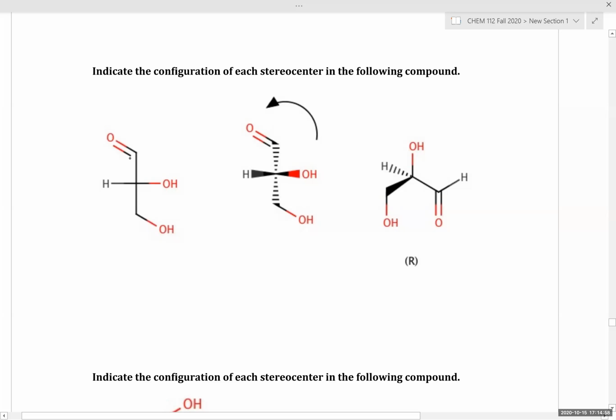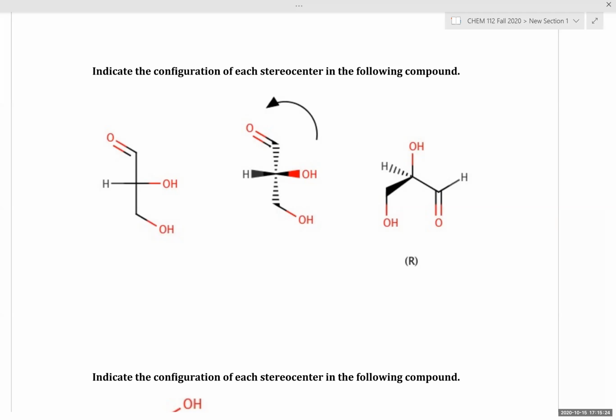The first order of business is to convert this Fischer projection into dash wedge notation. Each of our horizontal lines get a wedge, each of our vertical lines get a dash. So now that we have that established, let's break out our model kits and make a model of this structure.